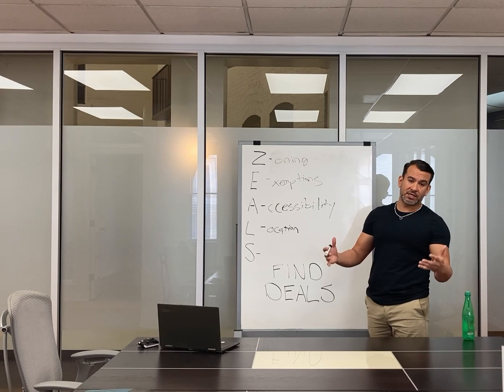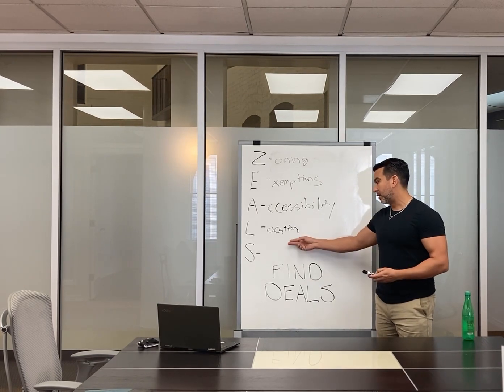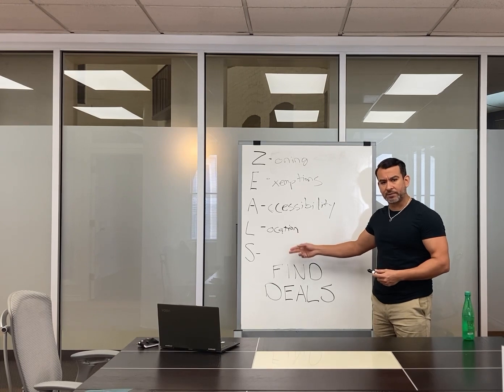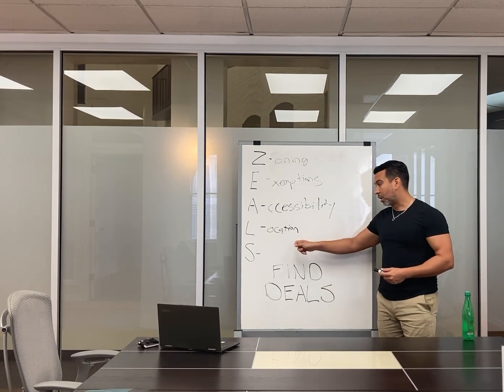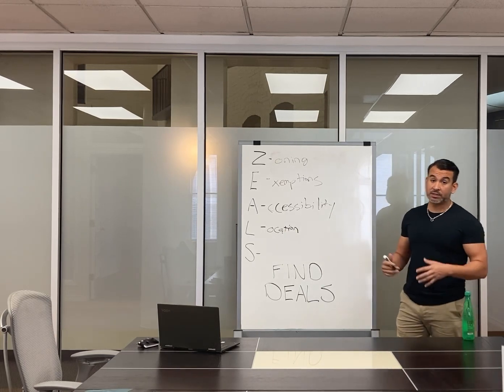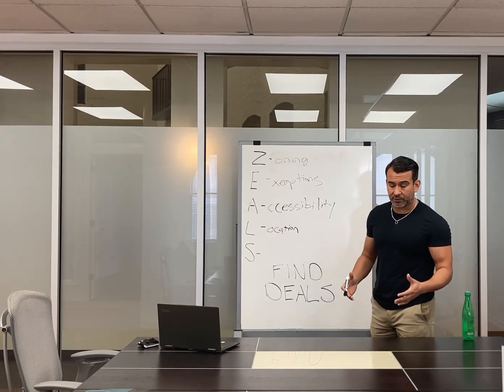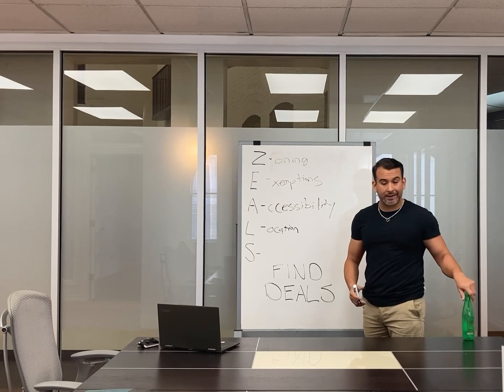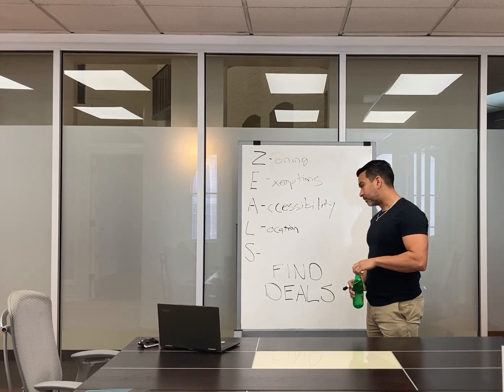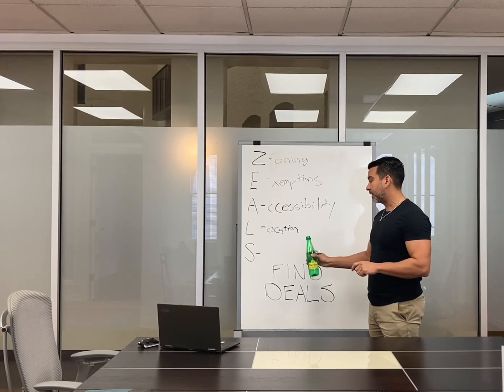Is it an area being gentrified? What are the comps in that area? What are the rental comps? What are the resale comps? What are the ARVs of that specific location? Knowing your location is extremely important if you're going to be an investor, right? You want to know the location like the back of your hand. So extremely important to know location.